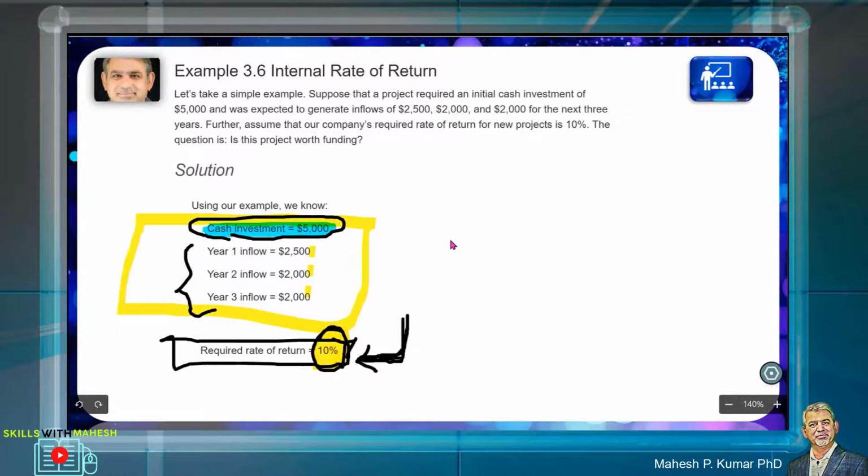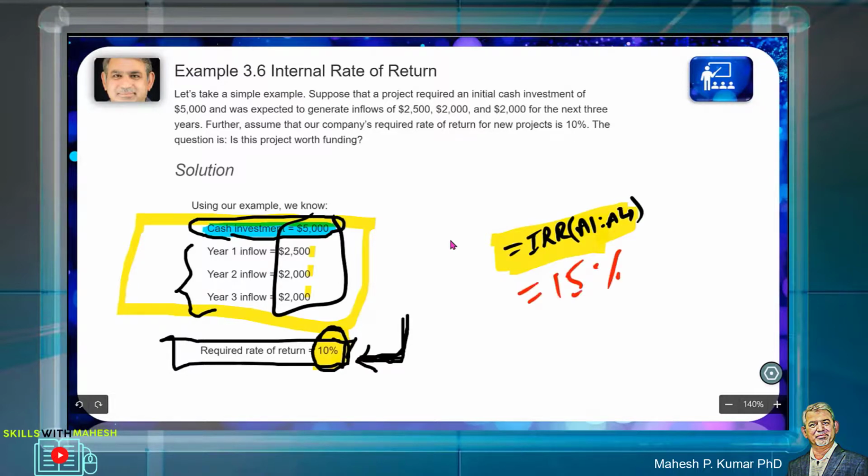In any cell of the software, you will type the equal to sign, you will type IRR, and you will type the cell numbers where these 4 values are situated. Suppose these are situated in A1, A2, A3, A4, and then just click the check mark where I showed, and the answer would be 15%.